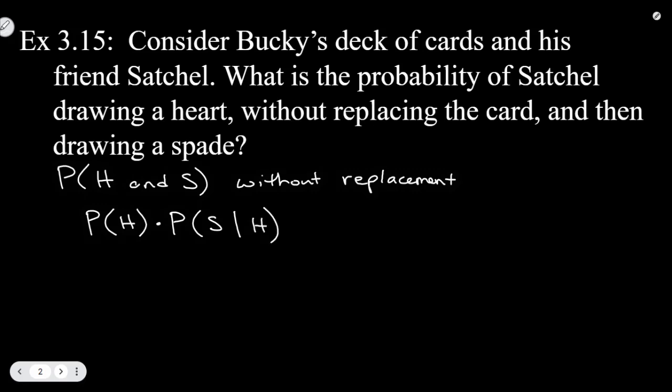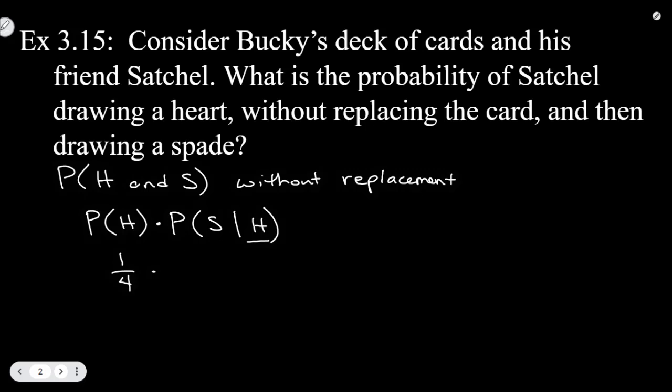The probability of getting hearts is 1 out of 4, because 1/4 of the cards are hearts. Then, assuming that we got a heart the first time, what are the chances that he gets a spade the second time?